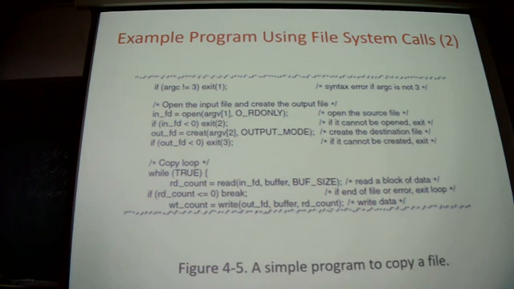And this one, the RD count. We can get that the RD count is the value returned by the read function. It means how many blocks we have read from the ABC file. Because we have read RD count blocks, we just write these RD count blocks into the out file.